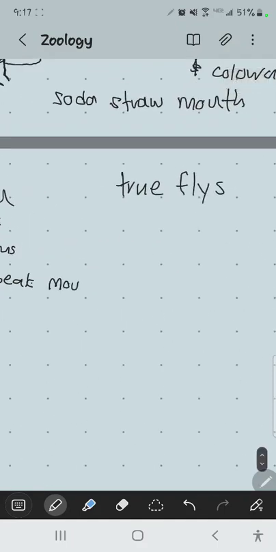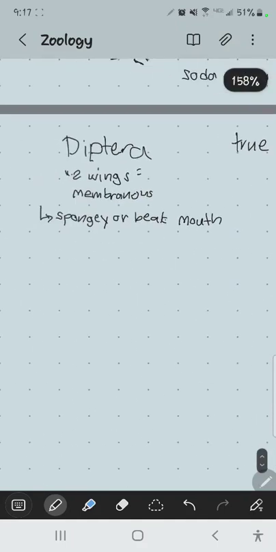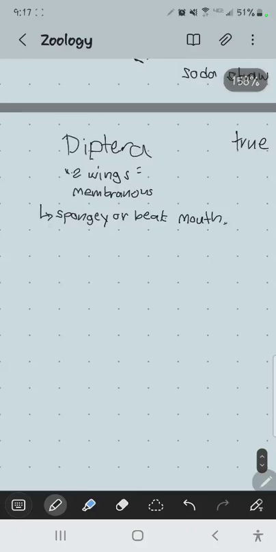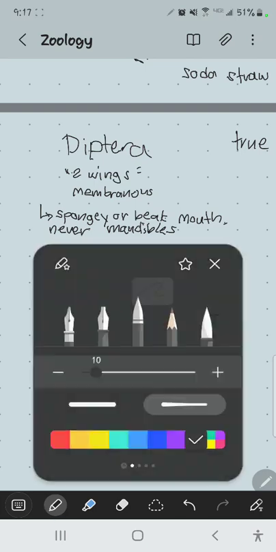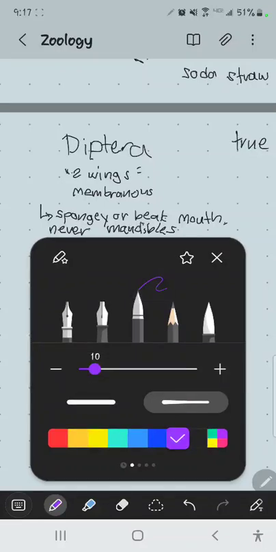If it's a house fly, they have a spongy mouth part, which is almost like a dish sponge that flops down and soaks up their nutrients. Or if they're a robber fly or a mosquito, they have a beak-like mouth. They don't do mandibles. They have these modified mouth parts.